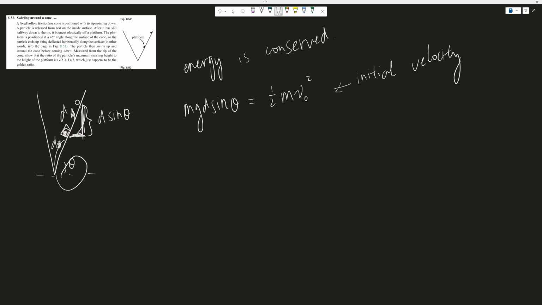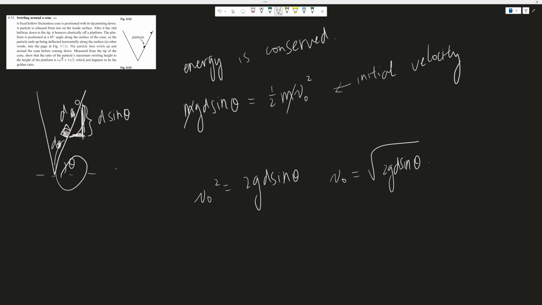And so what would v naught be? Well, we can cancel out m, so we get v naught squared equals 2 g d sine theta. And so v naught equals the square root of 2 g d sine theta. Okay, that is very useful. So the question is asking us to find the ratio of the particle's maximum swirling height to the height of the platform.